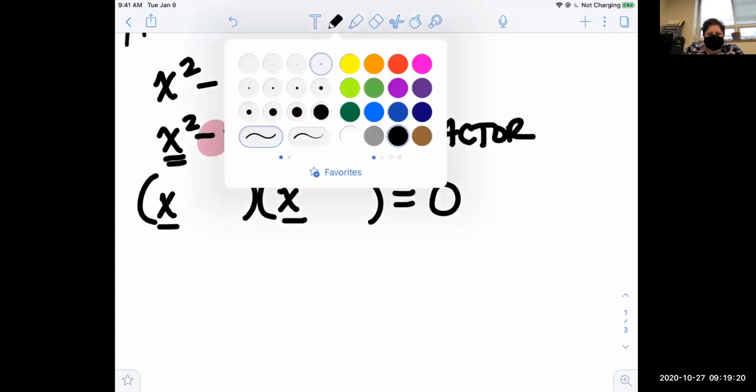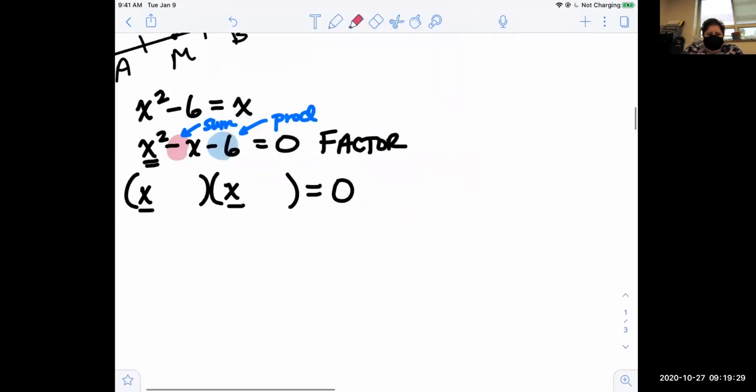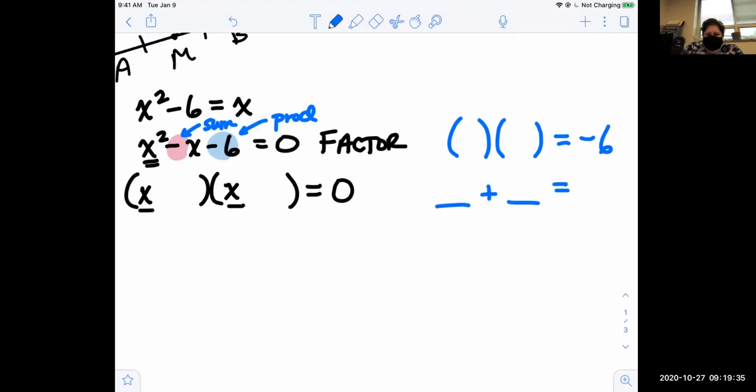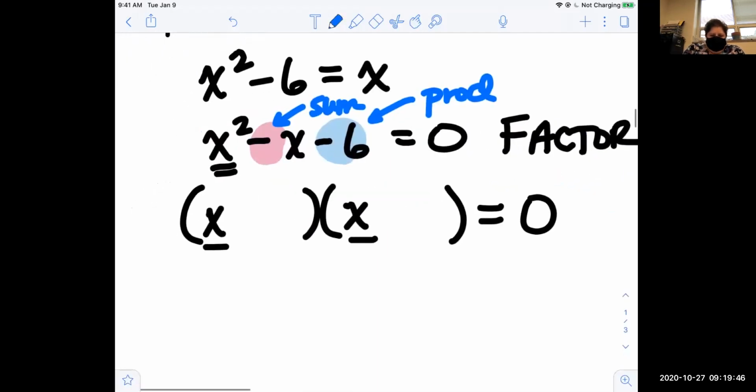So the product needs to be -6, and the sum of the 2 numbers is -1. What are the 2 numbers that when you multiply them, you get -6, and when you add them, you get -1? These are the numbers that'll go in these spots here. Philip? -3 and +2.